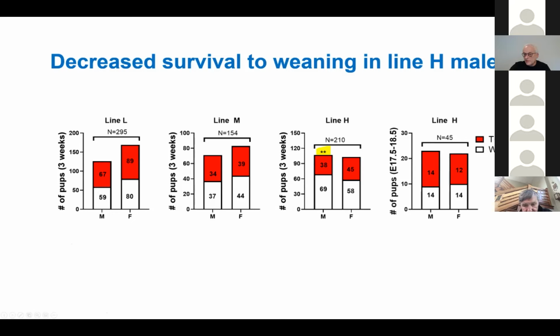So there's a male transgenic deficit in these mice, and that deficit is not present if you look at embryos. If you look at preterm embryos, the distribution is more or less as expected. So the loss of males occurs after birth, and it's sex specific.